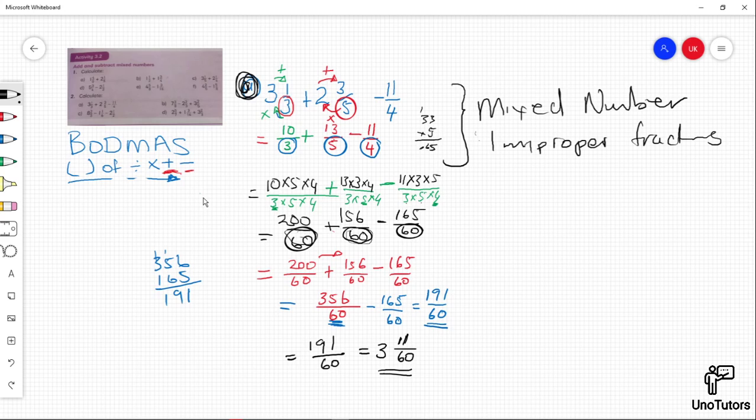So that's the first thing that we did. And then after that, we did what we call stage 2, if you will, which is making sure that they have the common denominator, right? We put them under a common denominator, which was 60.